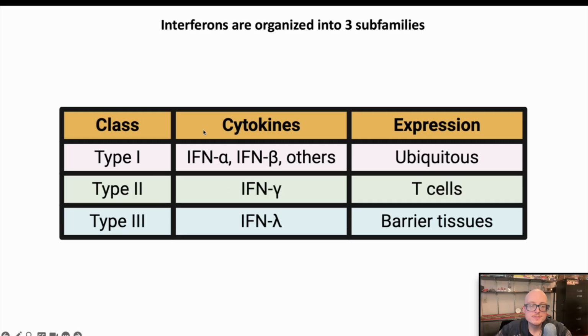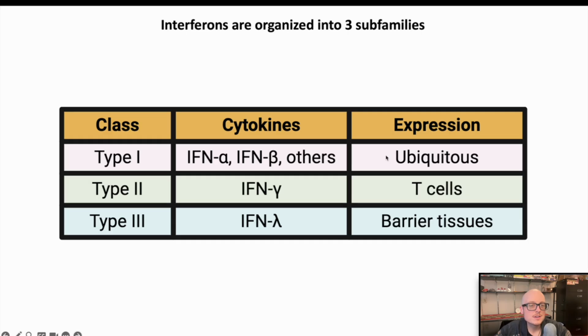So for type 1 interferon, primarily we're talking about the ligands interferon alpha and interferon beta, although there are others, but these others are more esoteric and much more rare. I think for an introductory video to interferons, alpha and beta is sufficient because they are the ones that are produced by far in the greatest abundance and the most frequently. The type 1 interferons are also notable because their expression is ubiquitous throughout the body.